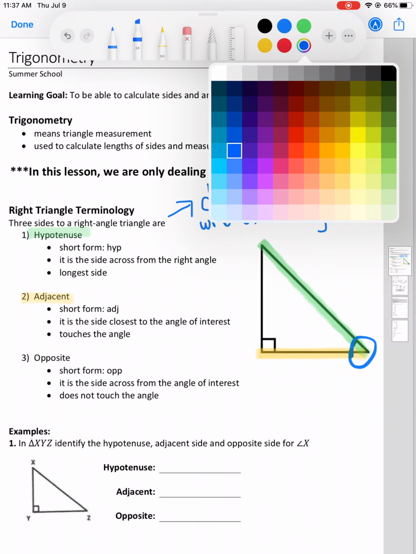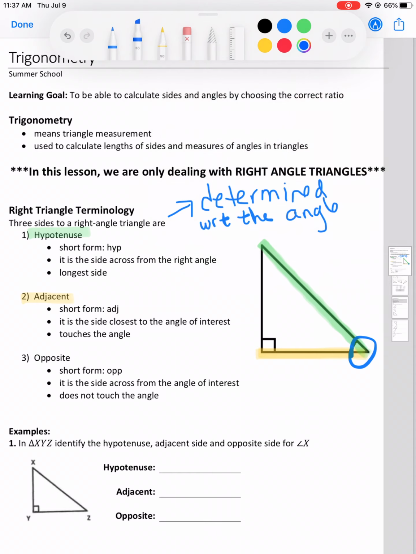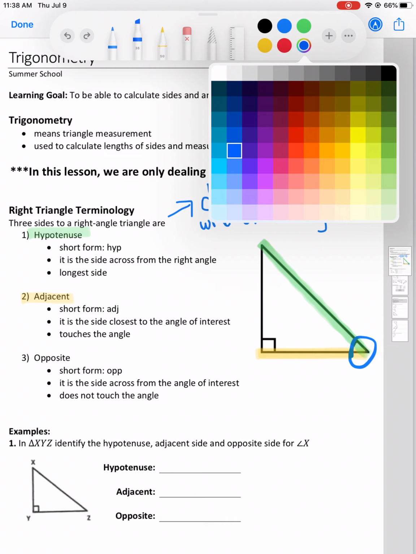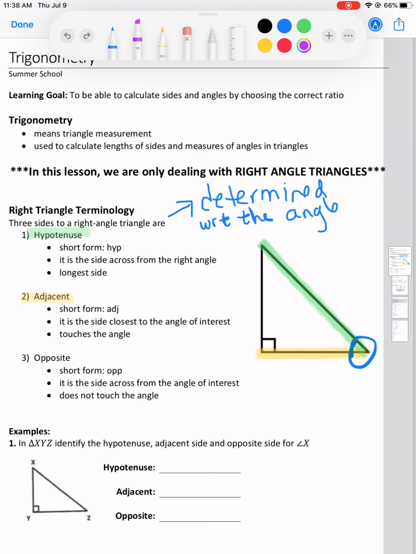And the opposite side is the one across from the angle of interest. It doesn't touch the angle of interest at all. That is really important, because if our angle of interest is this guy, I'm just going to put a little X there.